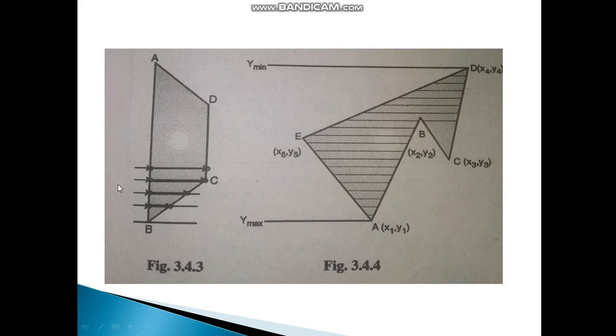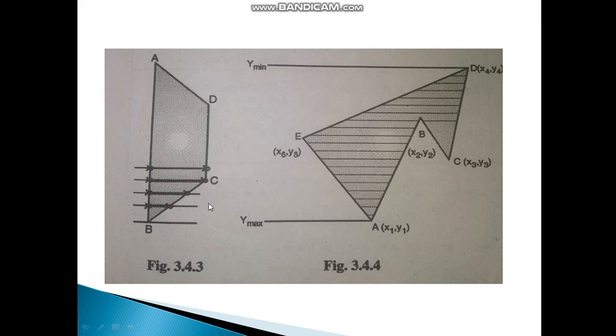Here are AB and BC. We draw the scanline over here and find the intersection points up to this line, AB and BC.